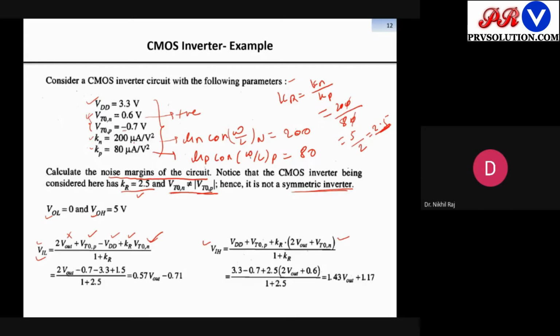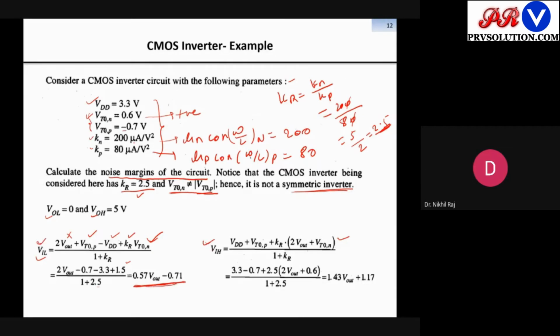So we got this value also. When we substitute all the values, 2 Vout minus VTP, which is given as 0.7, plus VDD and KR into VT naught. KR into VT naught means 0.6 into 2.5, which gives me 1.5, divided by 1 plus 2.5. So we have got VIL in terms of Vout.